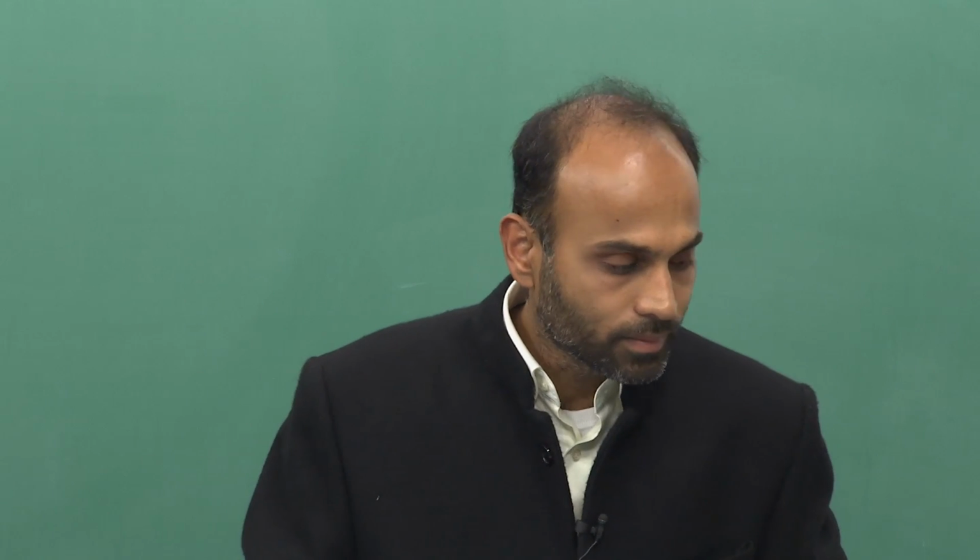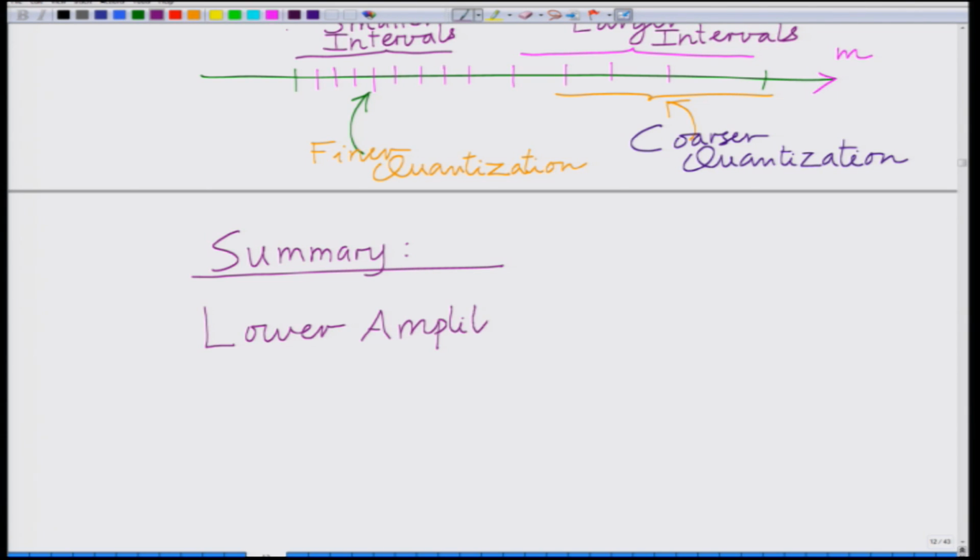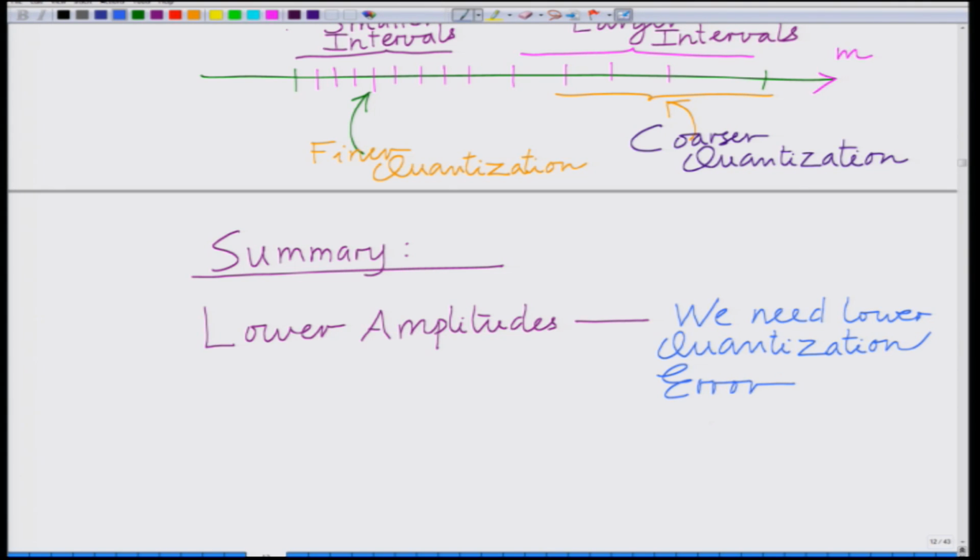So in summary, at lower amplitudes we need lower quantization error.